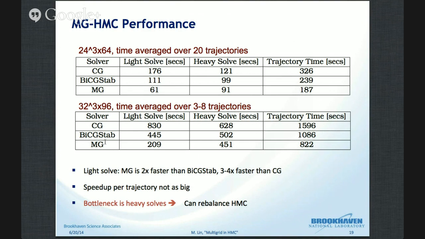These additional things, are they fixed for all methods? Why do you have to take that into account? I guess because they're such a small part of the total trajectory time, there's not much room for improvement if you really want to speed up HMC. Yeah.